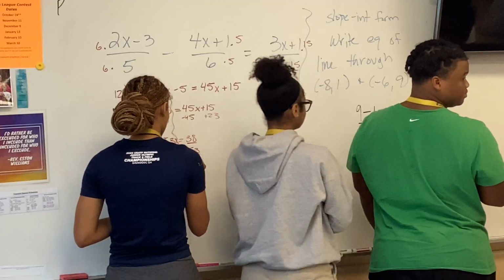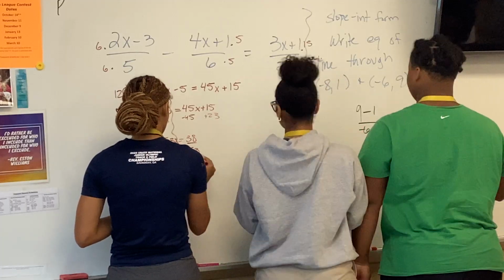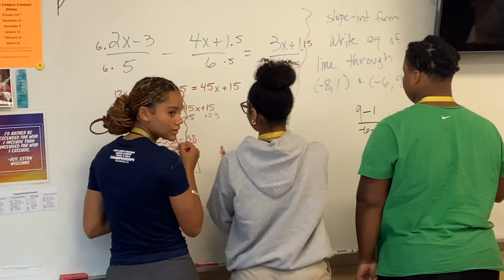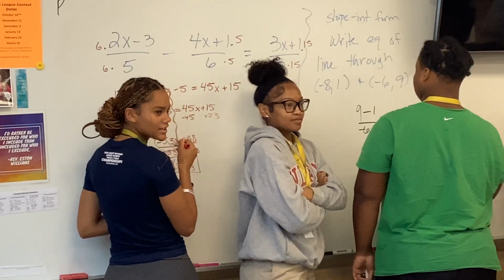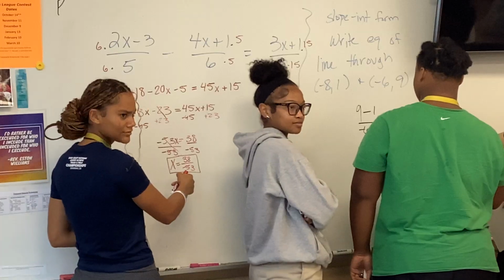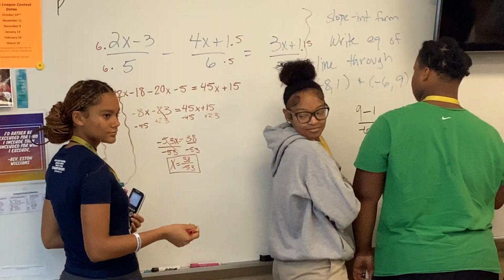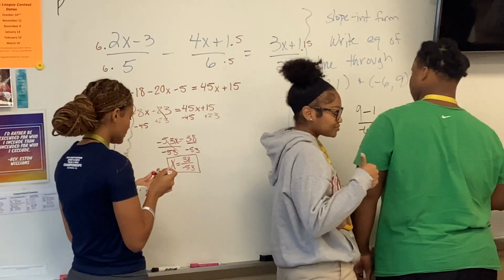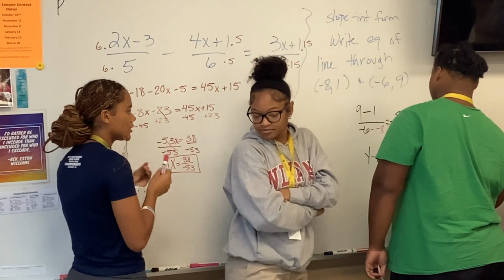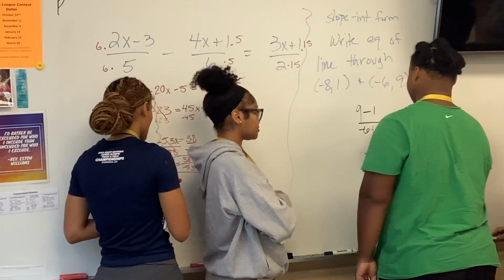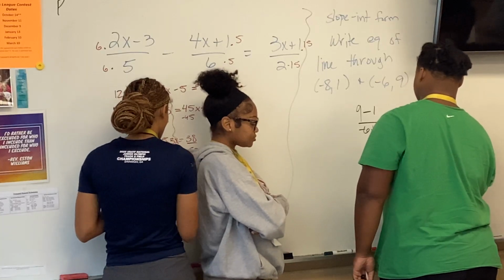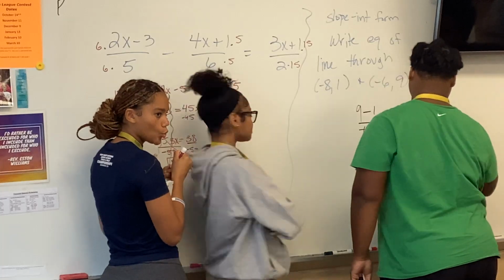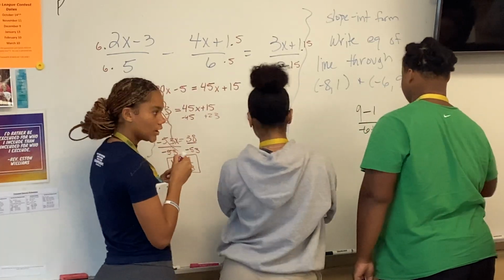That was better. So we have 9 minus 1, negative 6. I got x equals 28 over negative 45. What did you guys get?